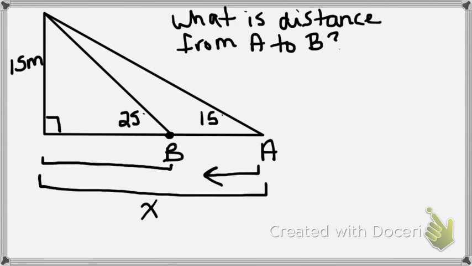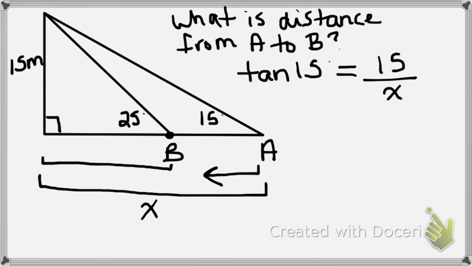From A, look carefully from 15 degrees. We have the opposite side, which is 15 meters, and we're looking for the adjacent side. Opposite and adjacent, that means we're going to use tan. So the tan of 15 degrees is going to equal opposite over adjacent.